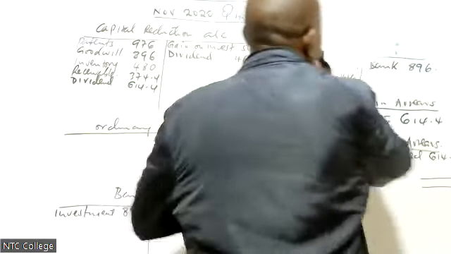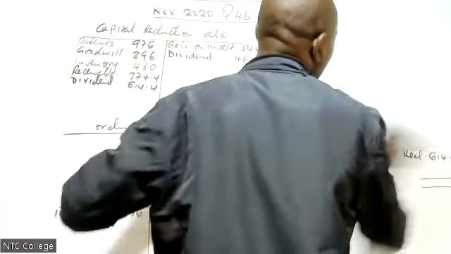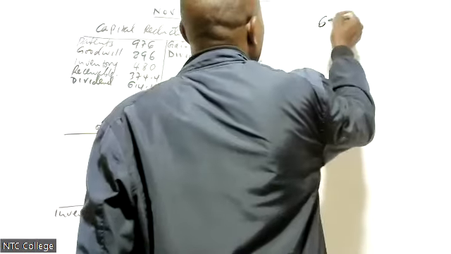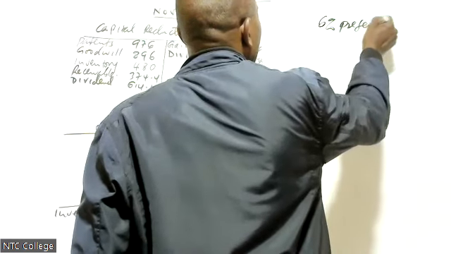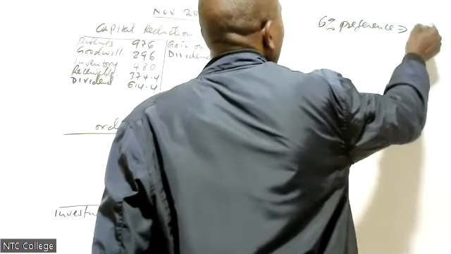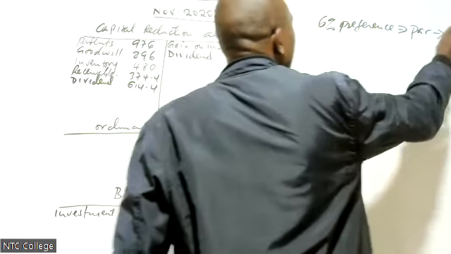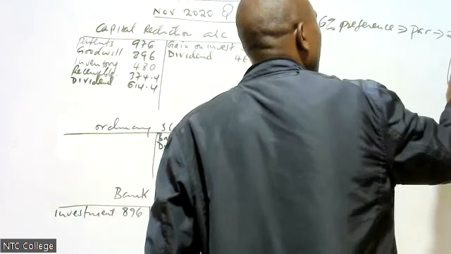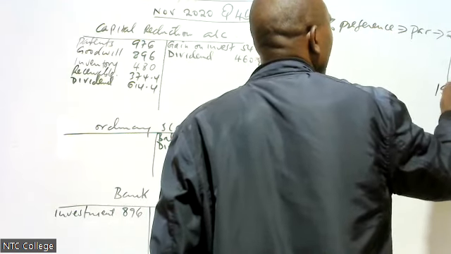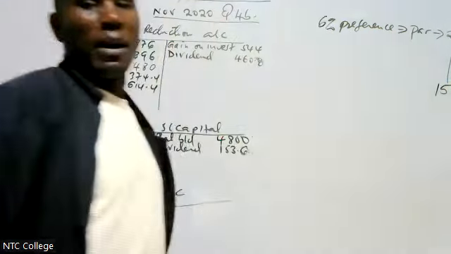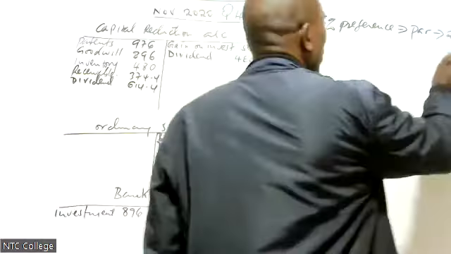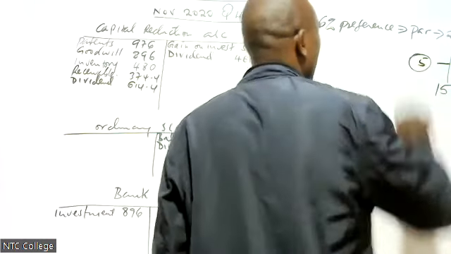Now we are going to reduce our preference shares. When you check in the balance sheet, we have 6% preference shares. I believe you are opening your balance sheet. When you check, the par value is 20. The examiner is saying we are reducing it to shillings 15, which means we are going to write off shillings 5 per share.